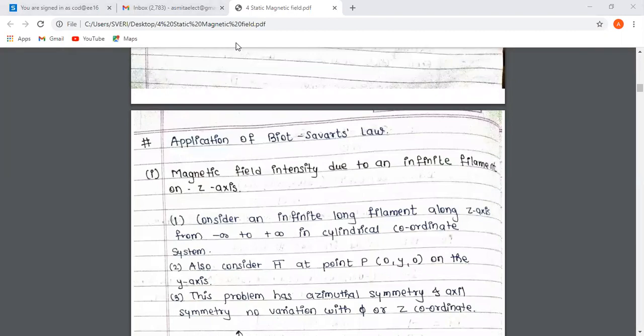And everyone put your roll number and name, so that your attendance will be considered. There is one Redmi. Hello. Yes, ma'am.